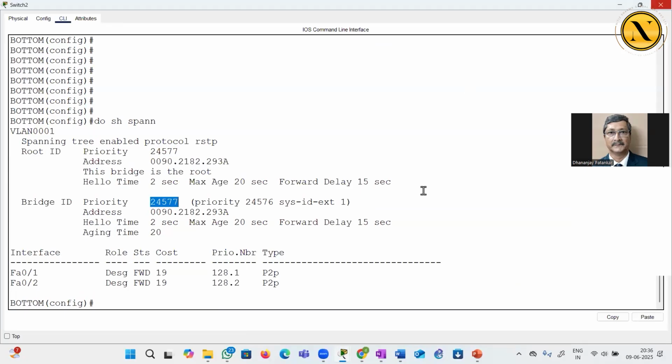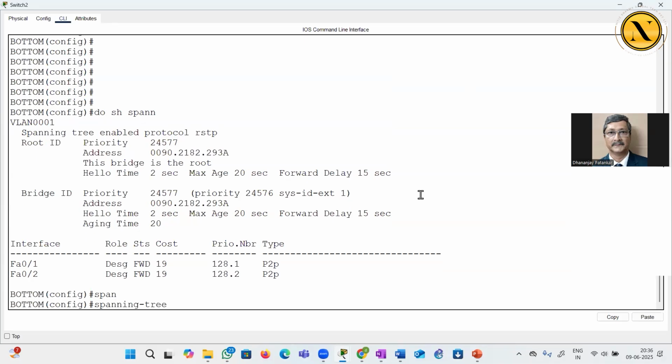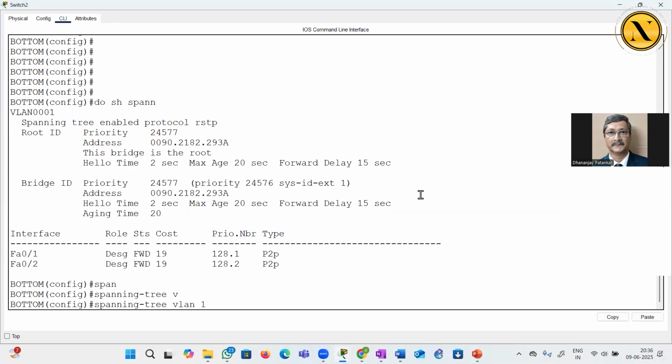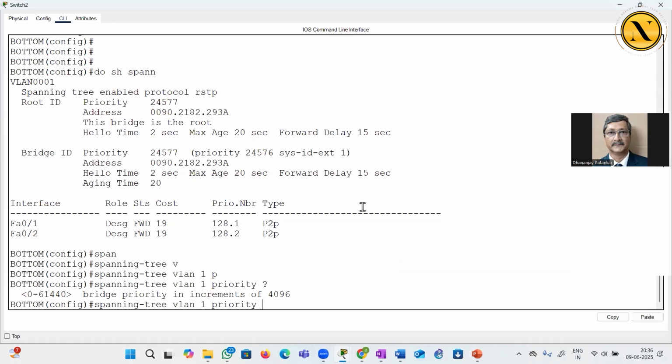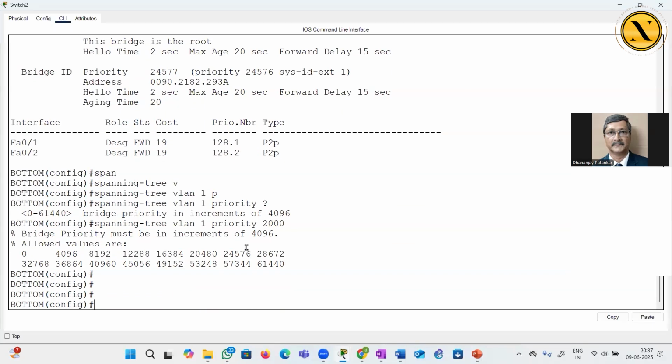Look at this: spanning tree for whatever VLAN priority. It increments with only 4096, and the range is from 0 to 61,440.